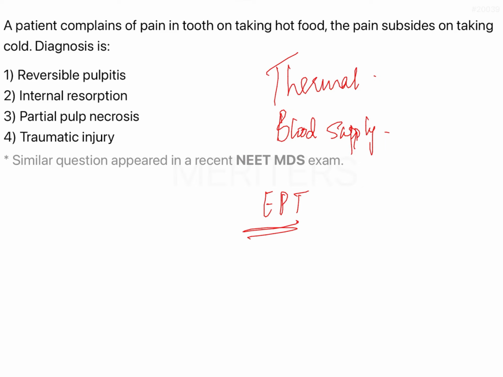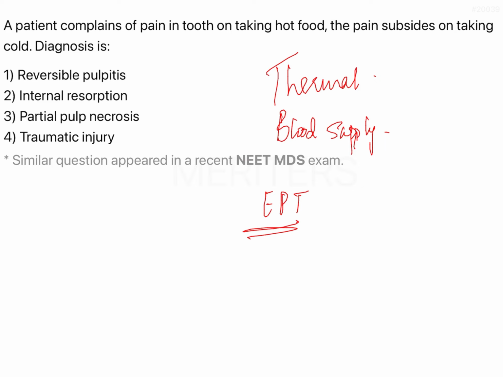Now, each tooth shows a particular response, or rather, the vitality response of a particular tooth is dictated by the status of the pulp. For example, if my pulp is in a state of reversible pulpitis, that means there is inflammation in the pulp.